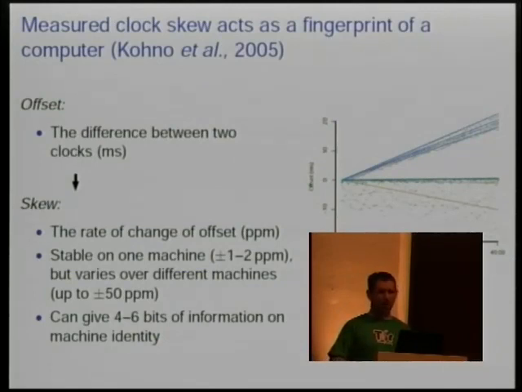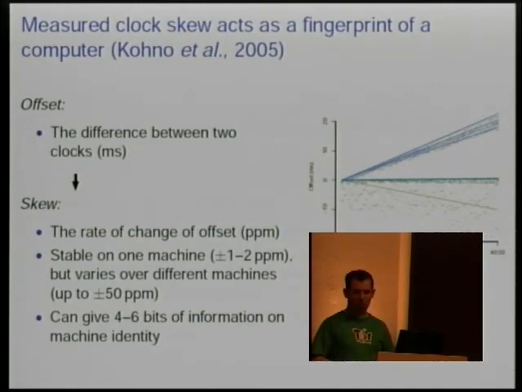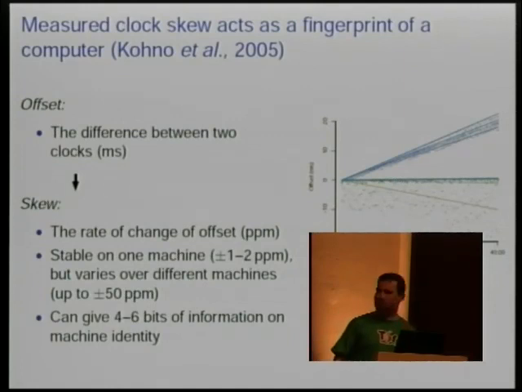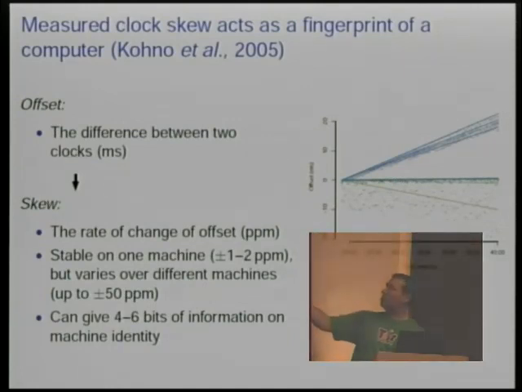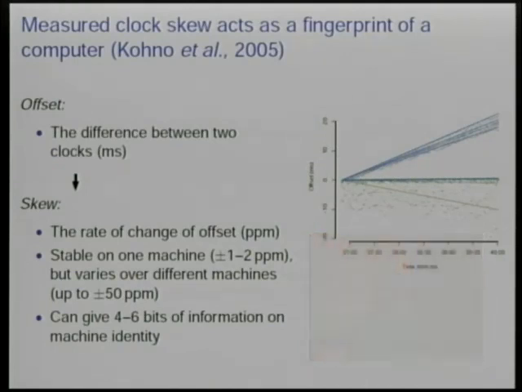This is when the speed of the clock is wrong rather than just the phase of it. This is commonly measured in parts per million, and as an example, 1 part per million corresponds to 1 minute every 2 years. So this graph shows 6 computers and their offset over time.